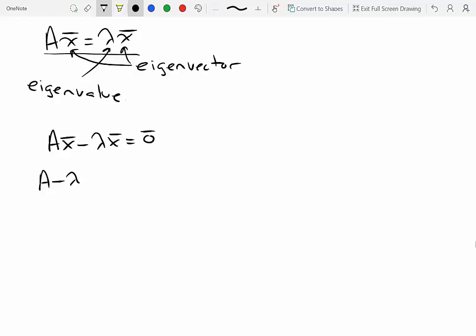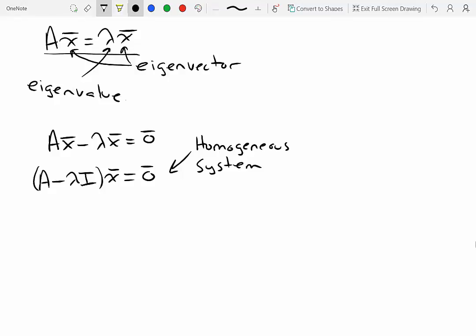And since lambda is a scalar, that would be multiplied by the identity. And then x would be there, and then that would have to be equal to 0. And you should recognize that this is just a homogeneous system of equations. And we know lots of stuff about homogeneous systems of equations.